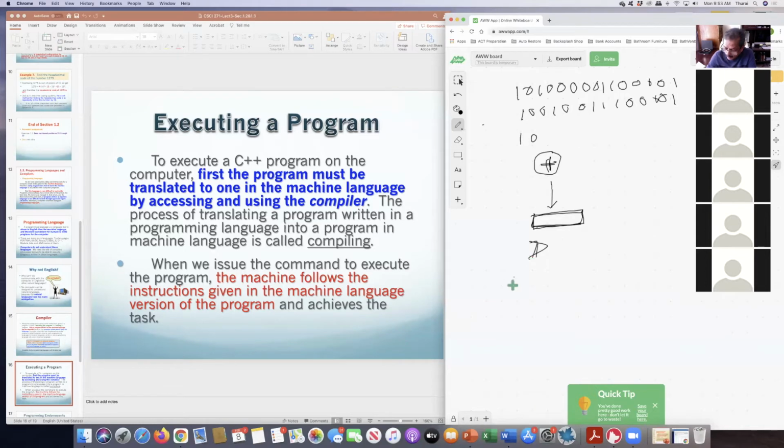The full name is Bloodshed Dev C++. I don't know why they decided to give it a scary name, but that is the actual name.